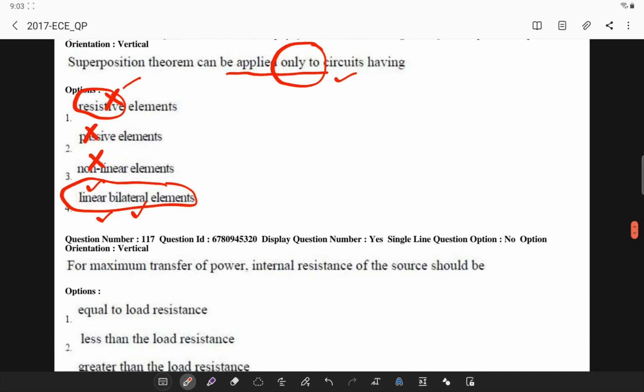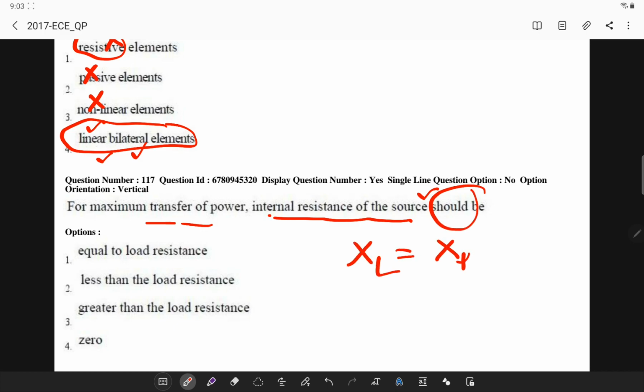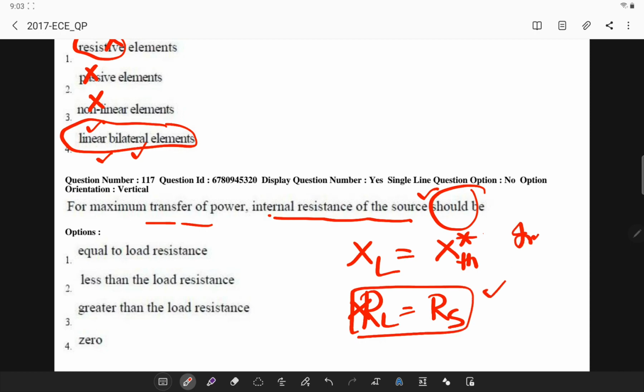Next, for the maximum power transfer theorem, the internal resistance of the source should be equal to the load. Simply, when your load resistance is equal to your source resistance, in terms of resistance and in terms of impedance, you will have maximum power transfer.